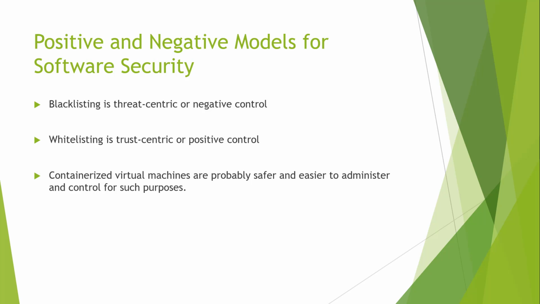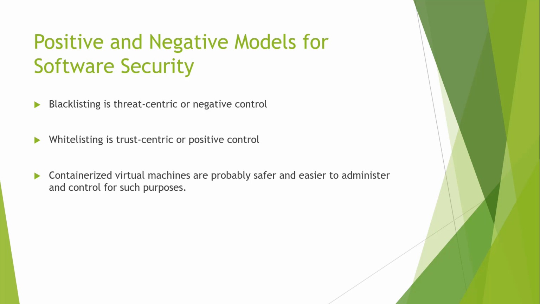So we have two models for software security: whitelist and blacklist. Blacklisting is an inherent block. Whitelisting is more trust-centric, whereas blacklisting is more threat-centric. Blacklisting is typically defined as a negative control.